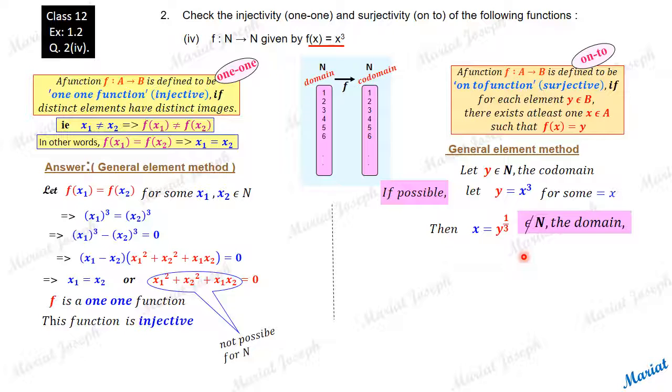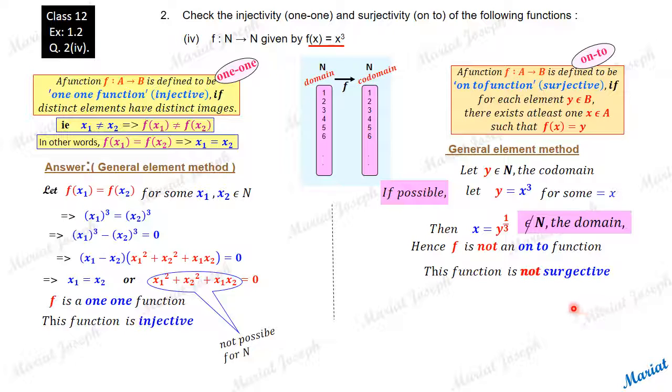Here itself we conclude that this function is not following the onto definition. For a y taken here, we are unable to find a corresponding x in the domain for which we may get the image here. It's not possible. Hence we conclude that this function is not an onto function or it is not a surjective function.